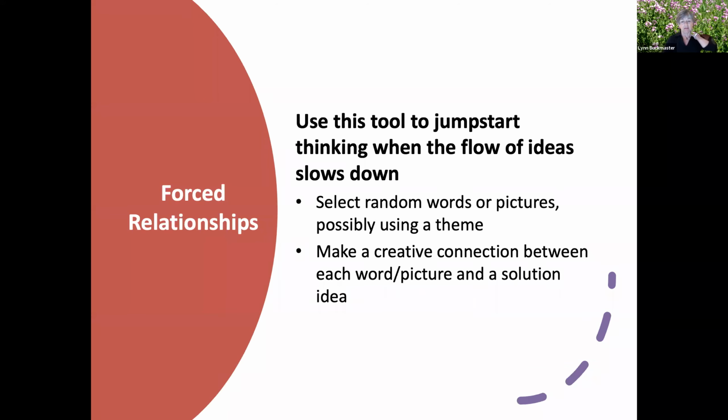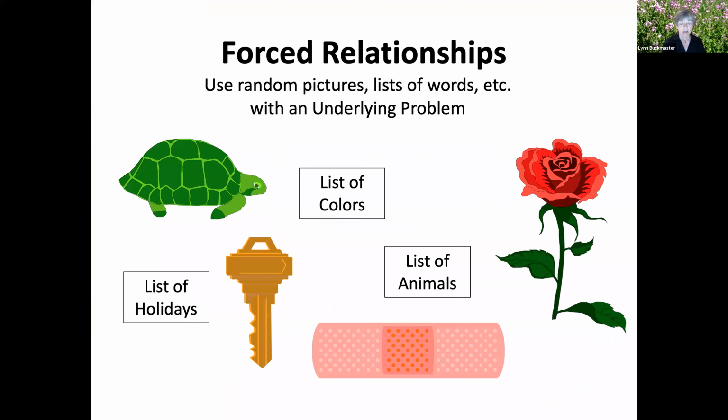Okay. Another tool that you can use, especially when you're running out of ideas, is forced relationships. And this is where you take random words or pictures or lists, and you make a forced connection, a creative connection between the word or the picture and a solution idea. For example, you get a number of pictures.